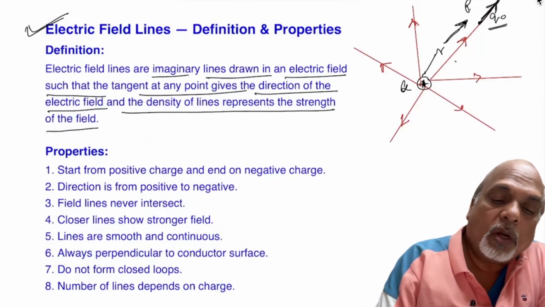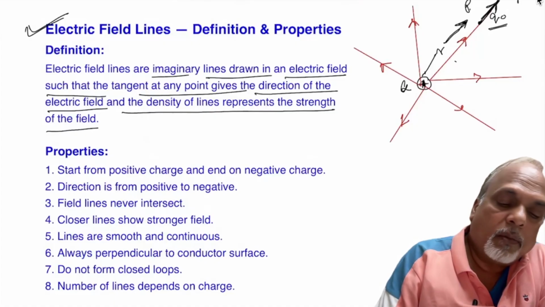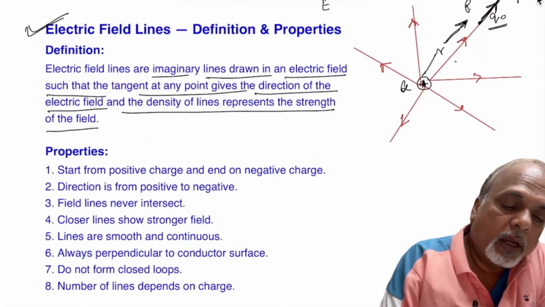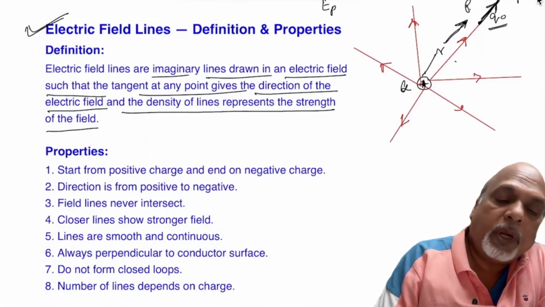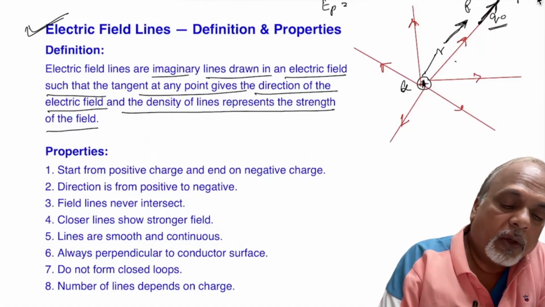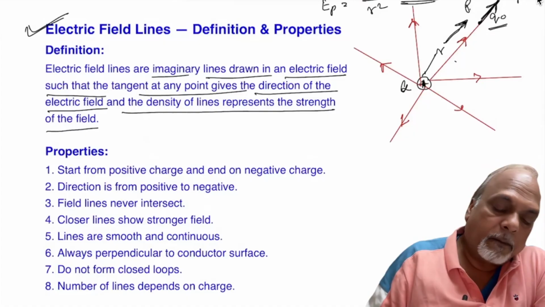And you already know the value: K Q Q0 upon R square. Why? Because here the electric field EP, at point P, will be K Q upon R square. So F is nothing but Q0 into EP. Correct? Very simple to understand.